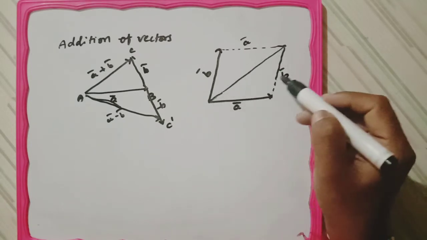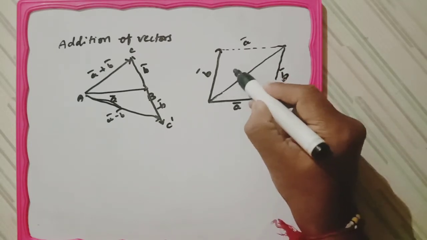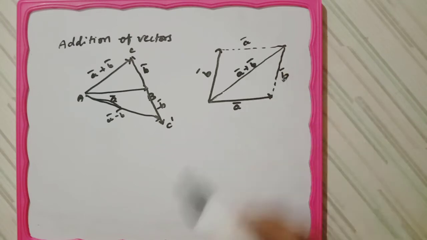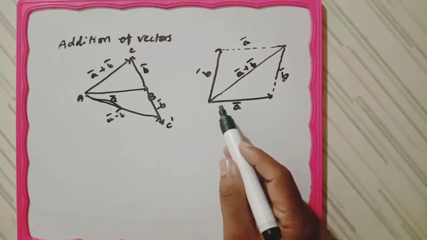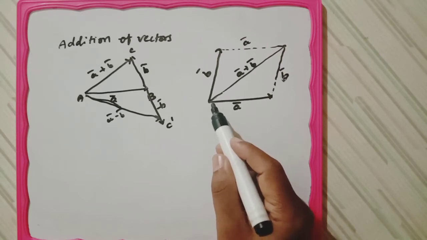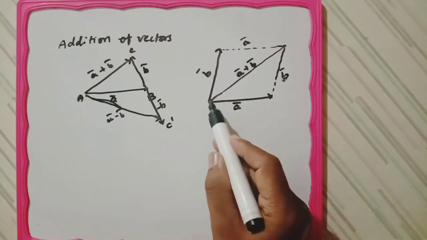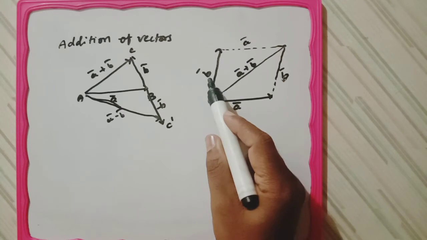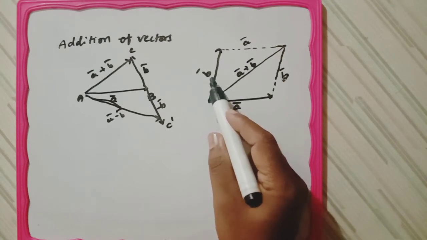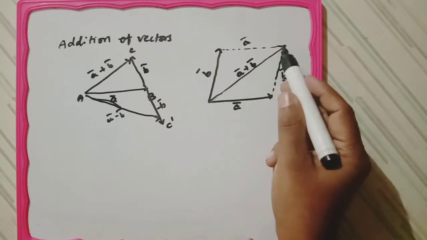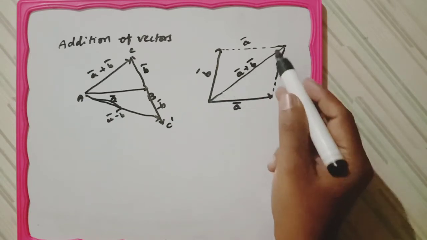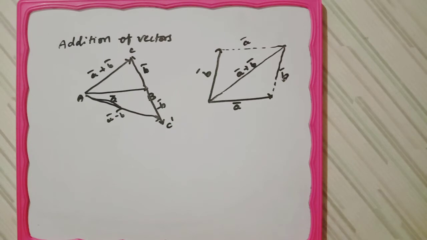By the triangle law, the diagonal will represent A bar plus B bar, and so this is known as the parallelogram law of vector addition. The parallelogram law of vector addition says that if A bar and B bar represent adjacent sides of a parallelogram, then A bar plus B bar will represent the diagonal of the parallelogram.